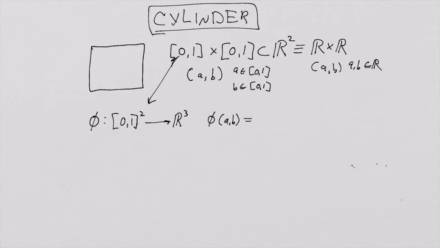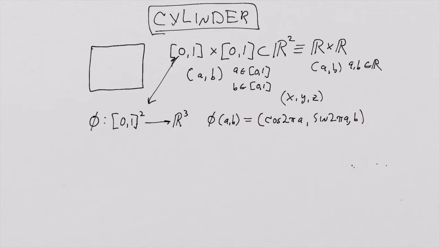So this is going to be an ordered triplet, and that triplet, for example, could be cosine 2 pi a, sine 2 pi a, and then just b. We would think of this as x, y, and z, and it's not too hard to see that that actually is a cylinder in R3. So what we've done is we've created a cylinder in R3 using the domain of points in this square. And this is how we did it.